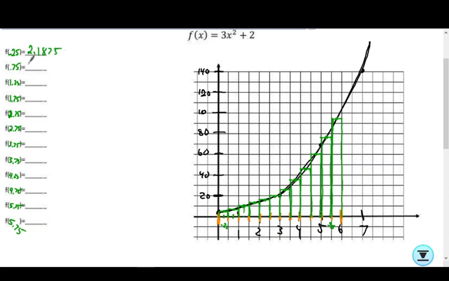2.1875. And this one is 3.6875. And then 6.6875, 11.1875.